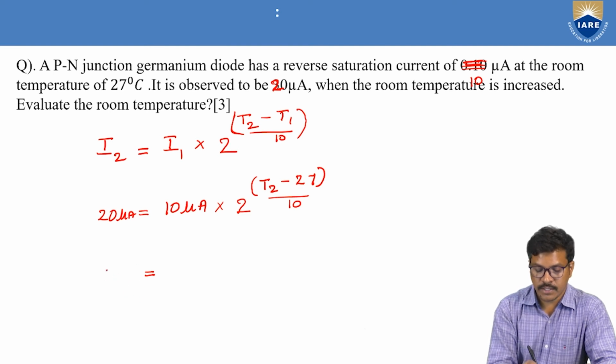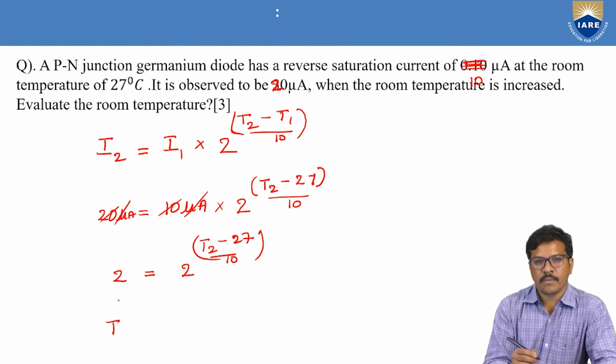Here the micro cancels, the value is 2, 2 is equal to 2 power T2 minus 27 divided by 10.